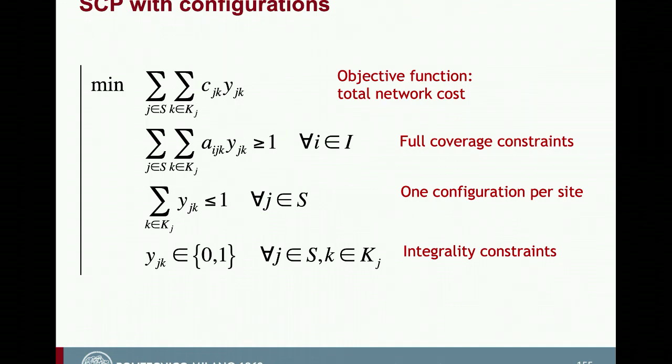Basically this is constraining the installation such that if you decide to install a base station in candidate site j, then you have to associate a maximum of 1 configuration to this base station. You cannot install more than 1 configuration in the same site. Of course, decision variables are binary variables.